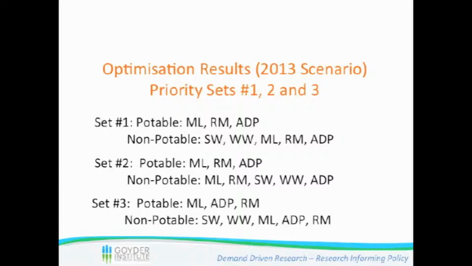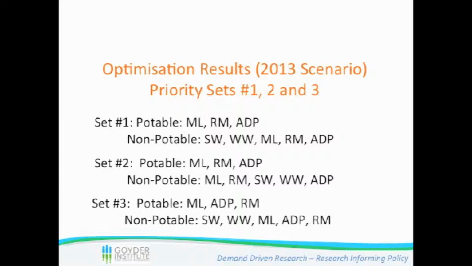Okay, I'll try not to speak too quickly, but then we looked at 2 other sets of priorities. The second one was based on operating cost, so the non-potable uses were reprioritised in terms of operating cost, and the third one came out of focus groups for this particular study where people wanted to use desalinated water ahead of the River Murray, which was an interesting indication.